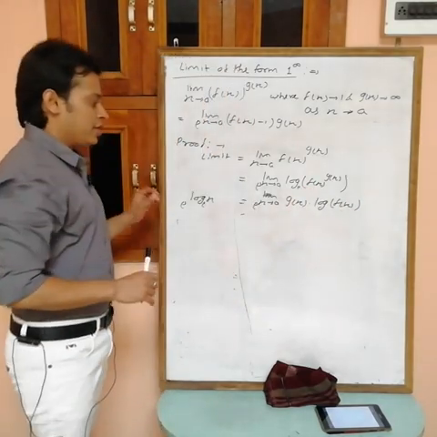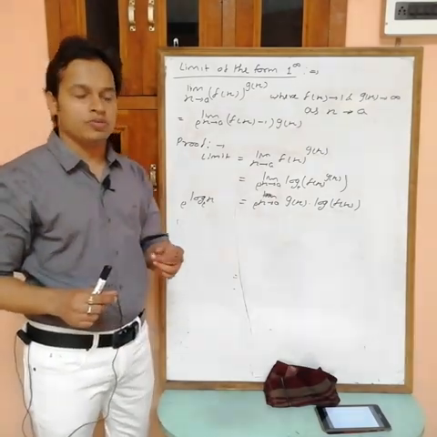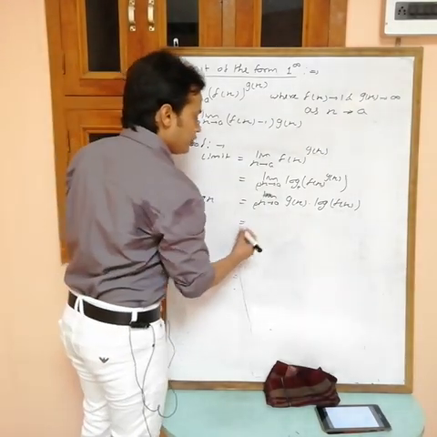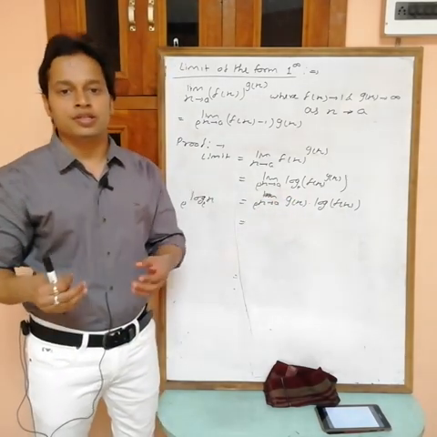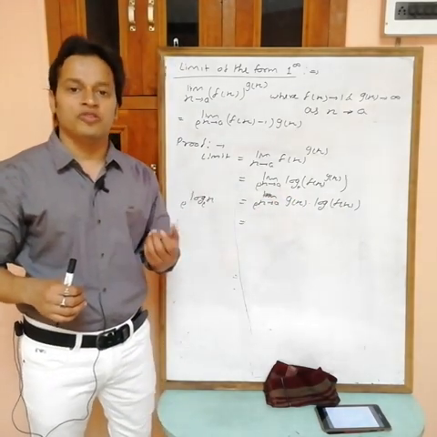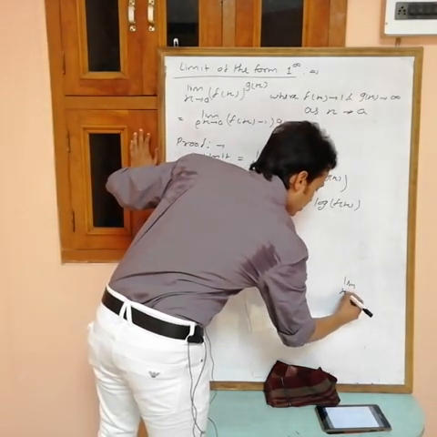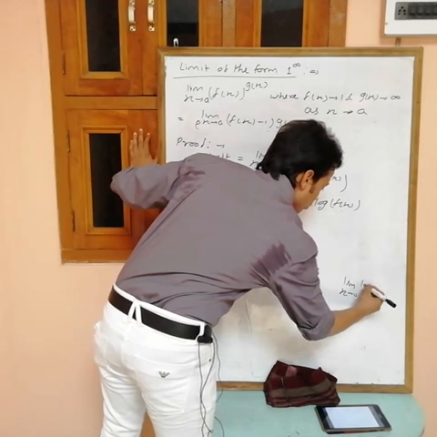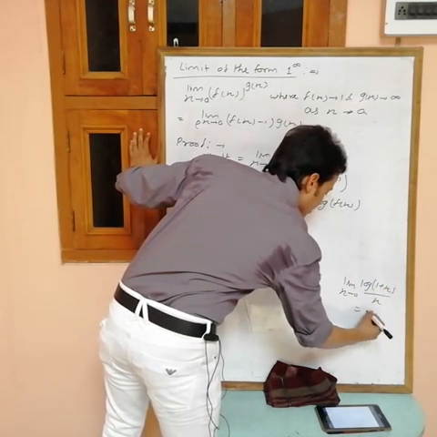Now I want the answer as e power limit x tending to a of (f(x) minus 1) into g(x). We don't want log of f(x) now, so do we have any standard result for it? Actually we have one: limit x tending to 0 of log of (1 plus x) by x is equal to 1.